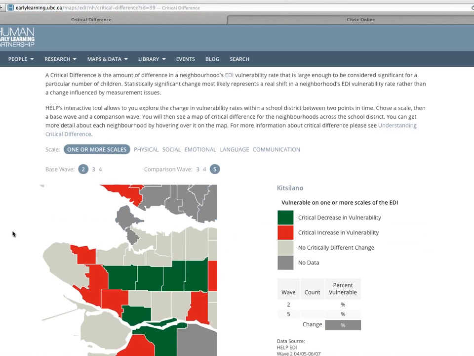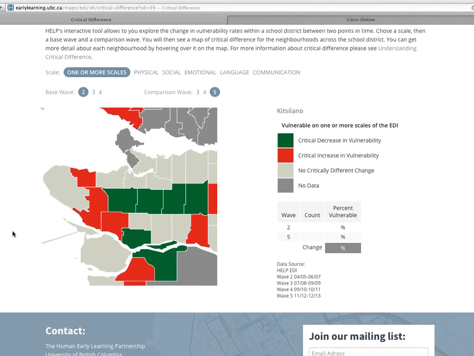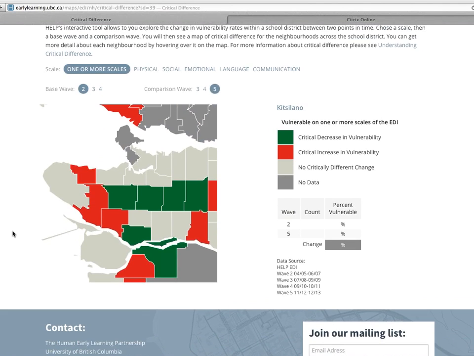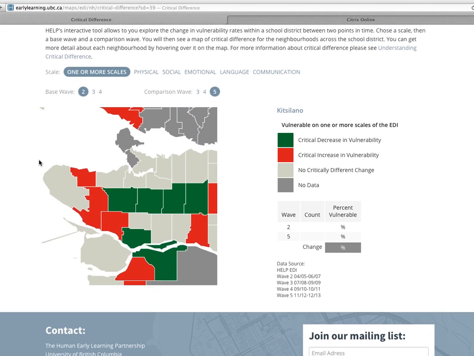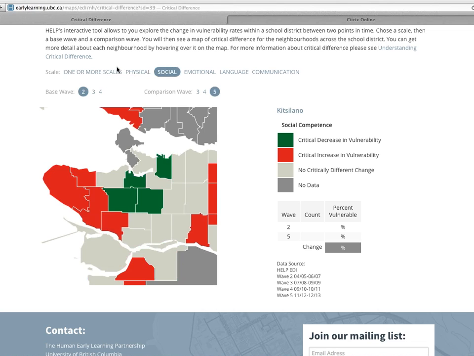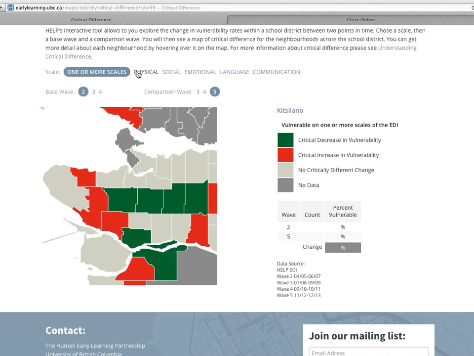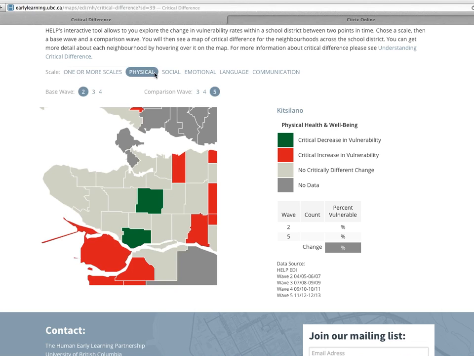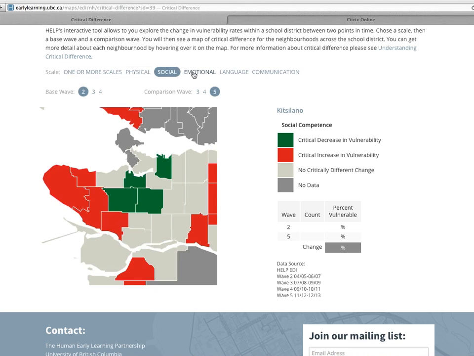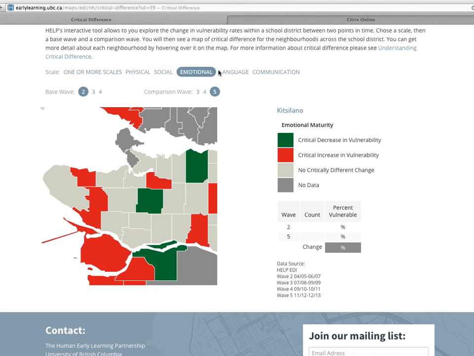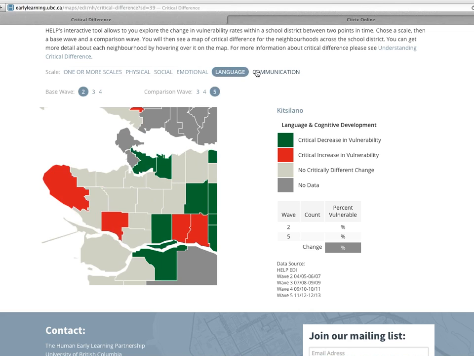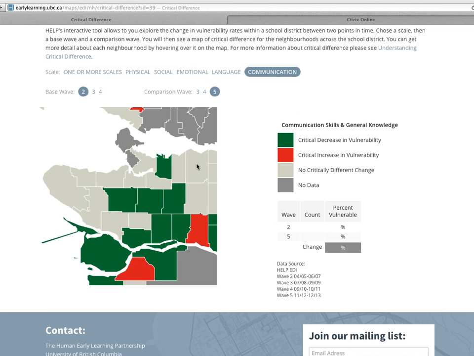Let's see here, I'm just going to scroll down so you can all see it. What this lets us do is look at neighborhood level critical differences through time for a particular school district, and also at different scales. Right now we're looking at wave 2 to 5, and at one or more scales for physical vulnerability, social, emotional, language, communication.